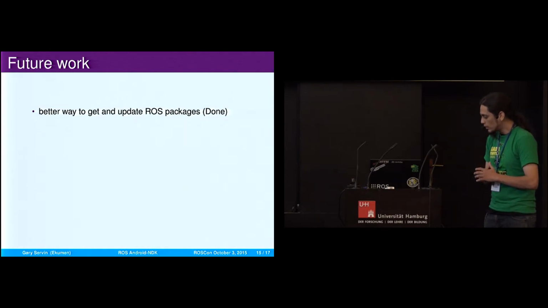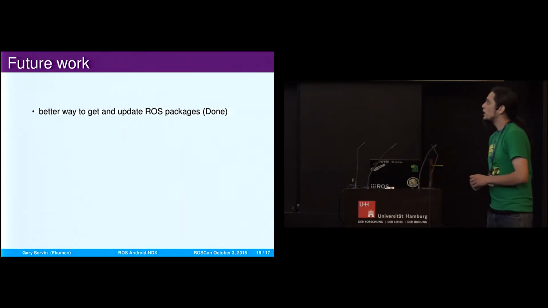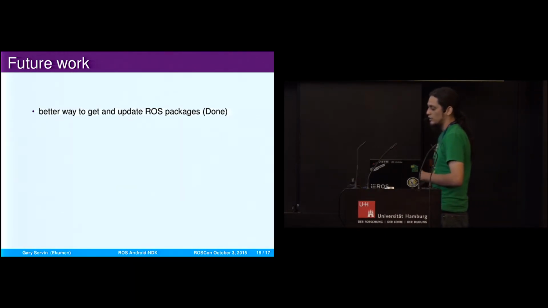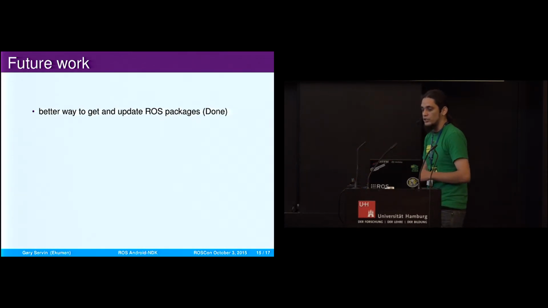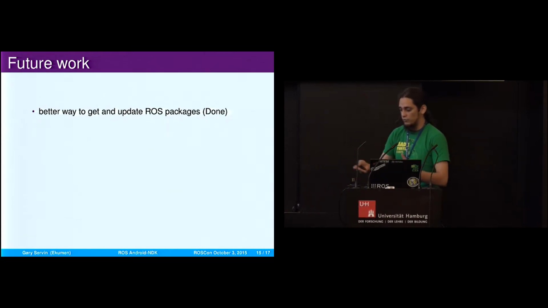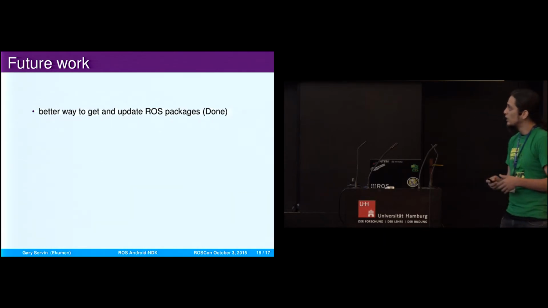So we have some stuff to work on. One is a better way to generate and update the ROS packages, because this was a very manual effort. We have a ROS install, and we have to manually update it for new versions and make sure we have the correct packages.